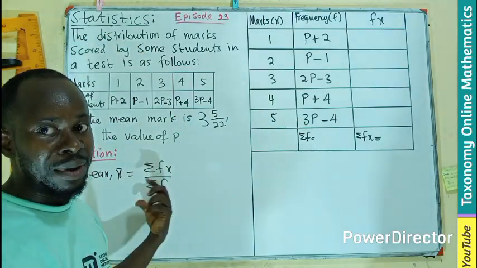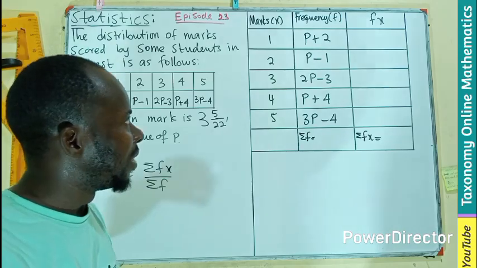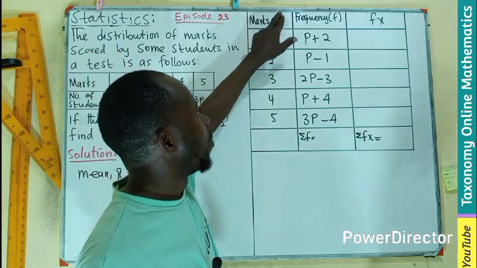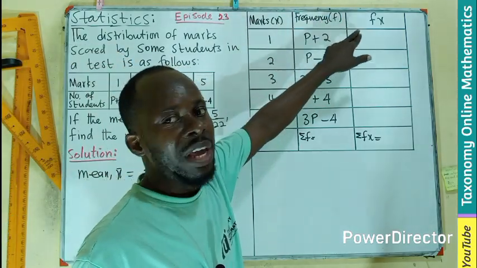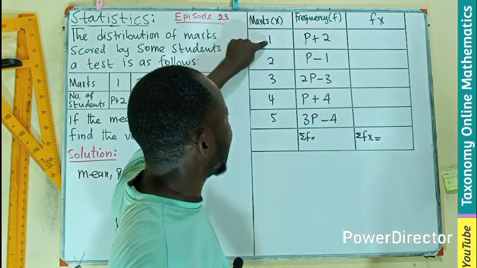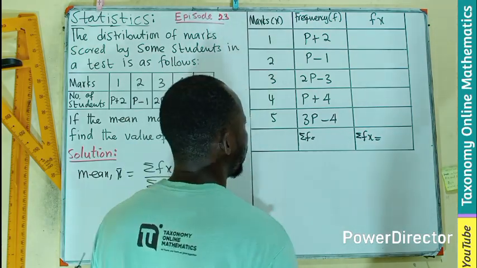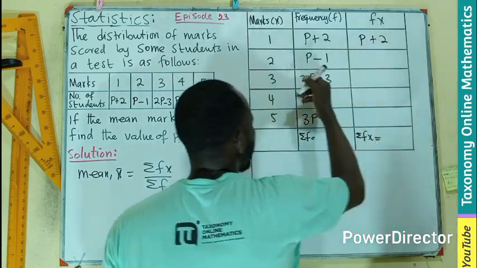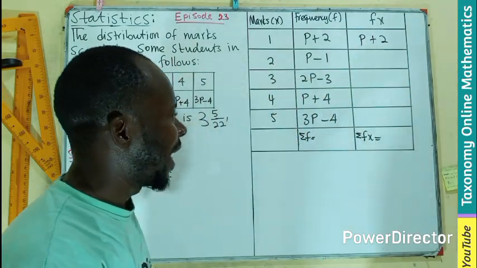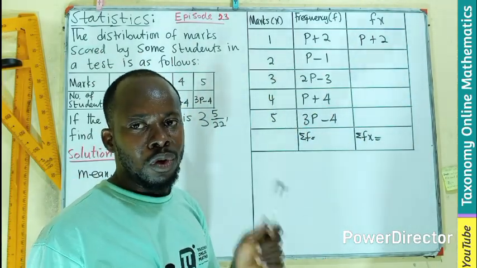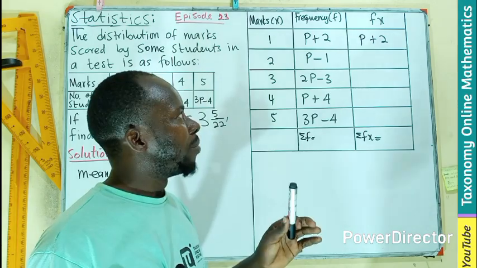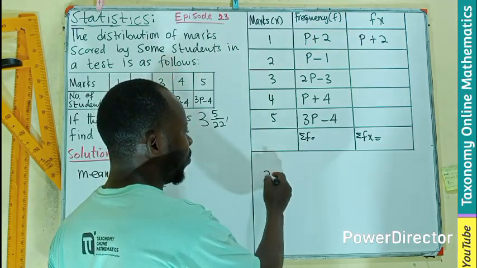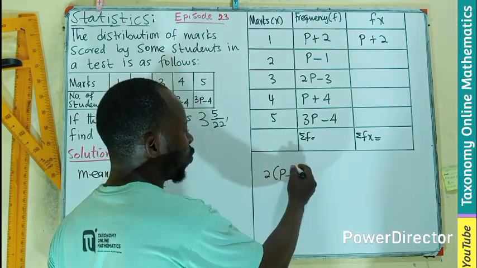So it means that the x column multiplies the f column to give us the fx. Right here, 1 times p plus 2 remains 1 p plus 2. Then 2 is multiplying this as a binomial term, not multiplying only p but the whole bracket, p minus 1.